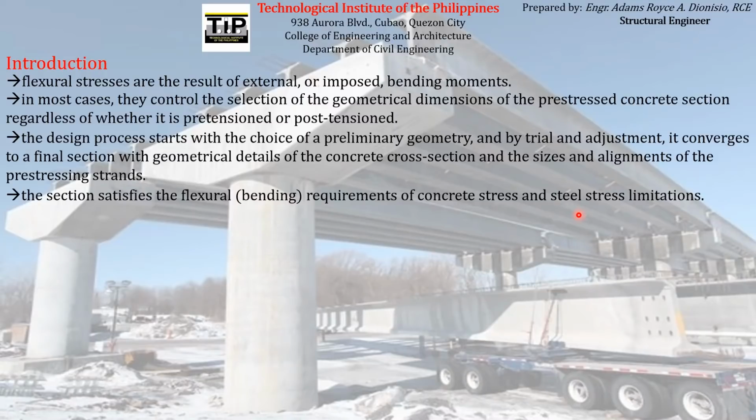That's why it limits the stress that can be permitted to be experienced by the concrete and steel to a certain magnitude. So you can refer to the specific provisions of the code if you want to be familiar with those particular maximum permissible stresses for concrete and steel.